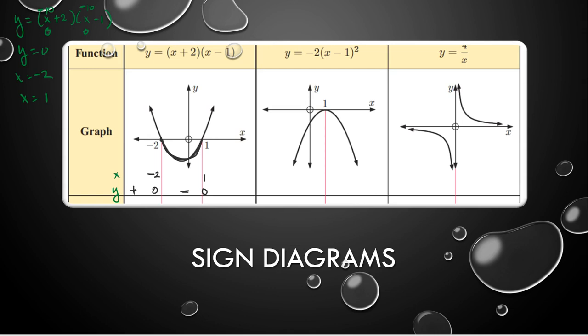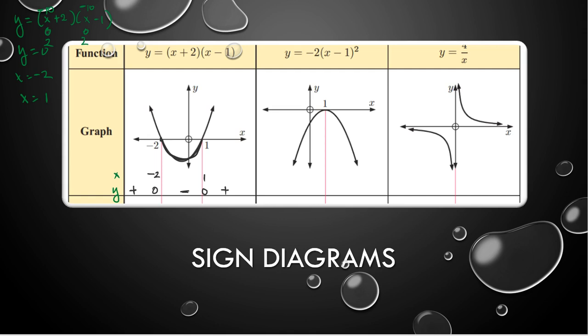And if I put the value of x equal to 2, for example, 2 and 2, we have 4 there, and we have positive. So that means after x is equal to 1, my y again becomes positive.